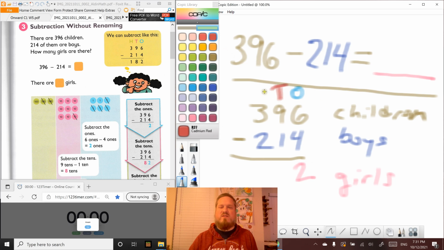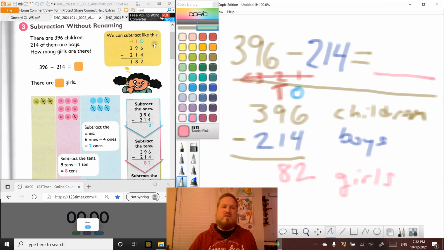So we're moving from right to left. As we're subtracting these numbers, first this column, then this column, then this column. So we're doing the tens. What's 9 minus 1? You probably already wrote it on your paper. 8.